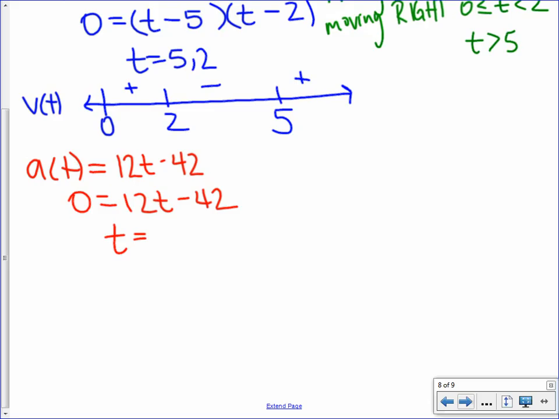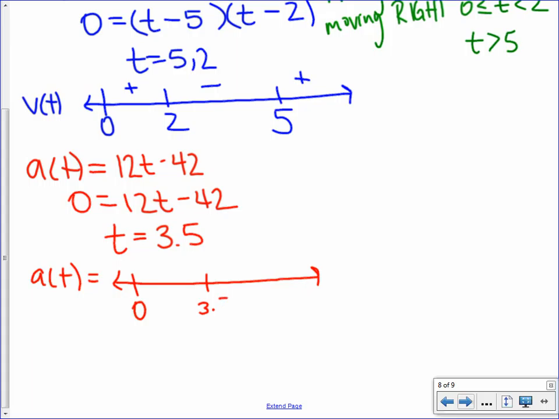Okay, so to the left of 3.5, do we have positive or negative acceleration?